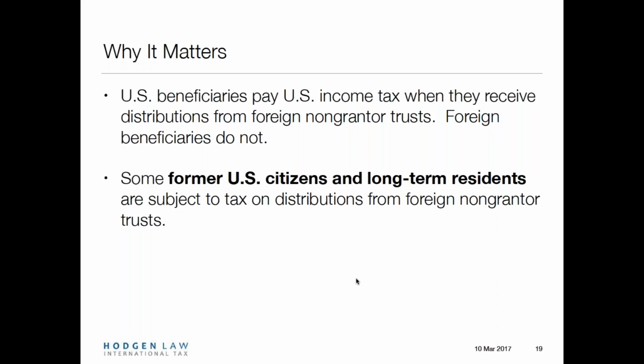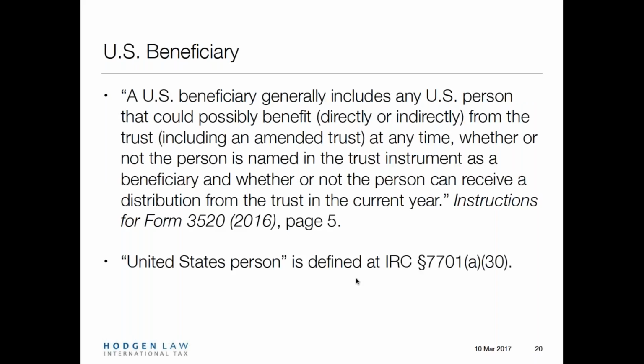And these are people who renounce their citizenship, or green card holders who've been green card holders for a long time, called long-term residents in the code, and they give up their green cards. And some of these people are subject to tax on distributions from foreign non-grantor trusts even after they opt out of the U.S. tax system.